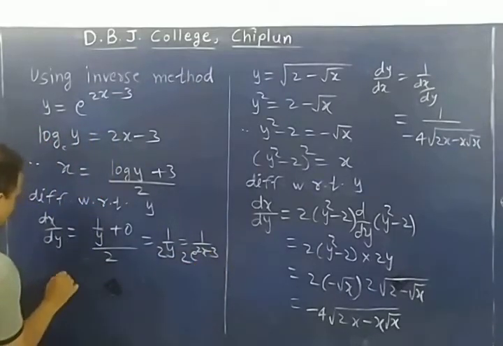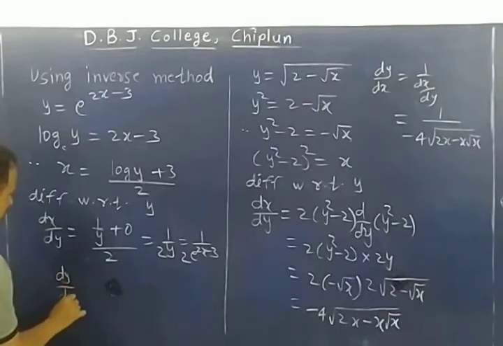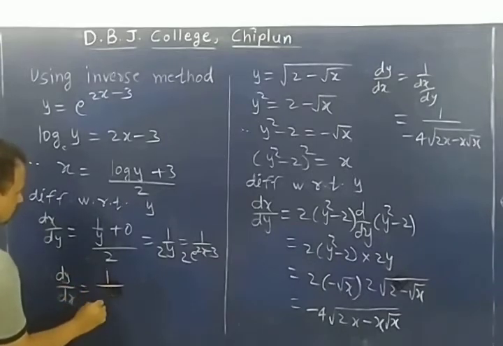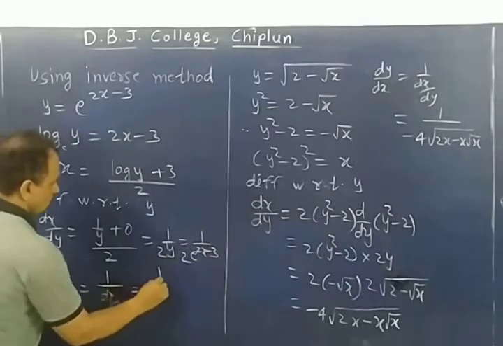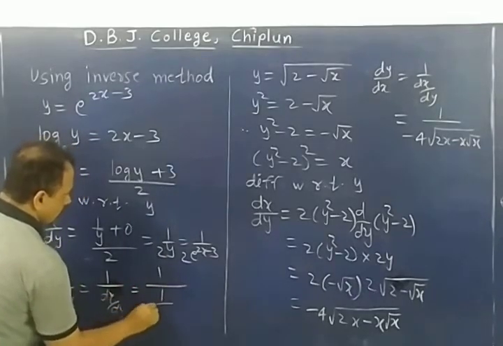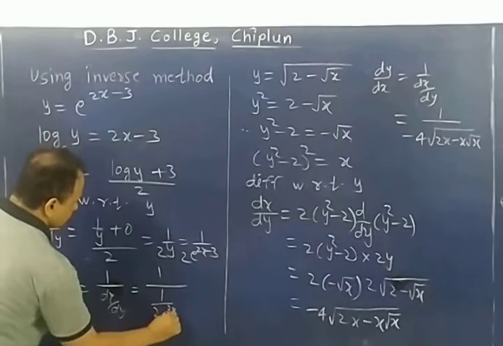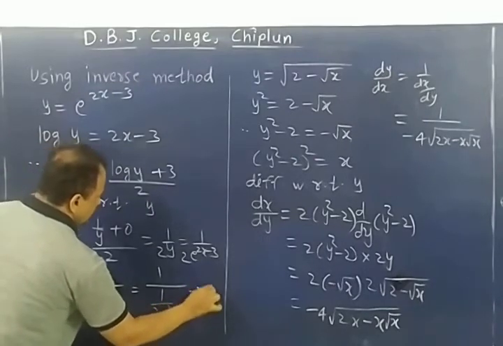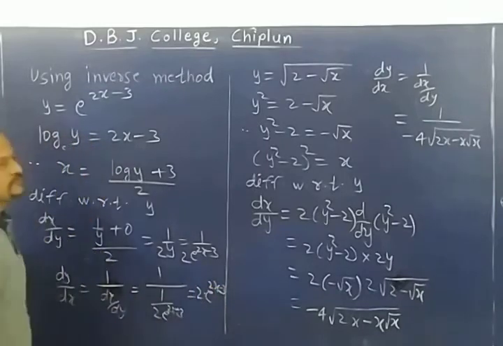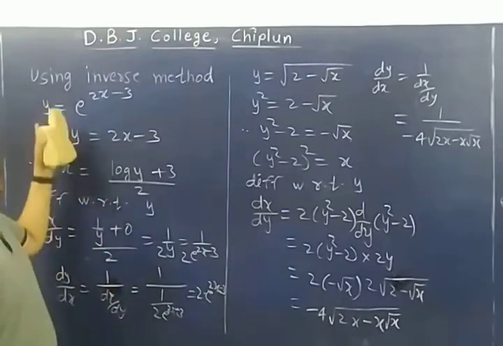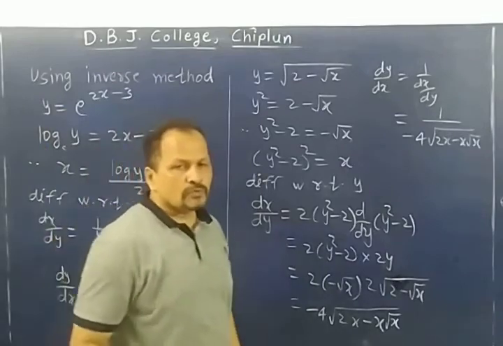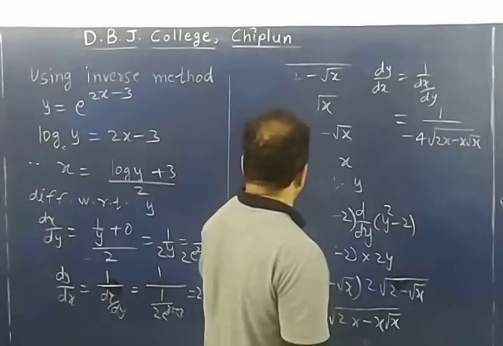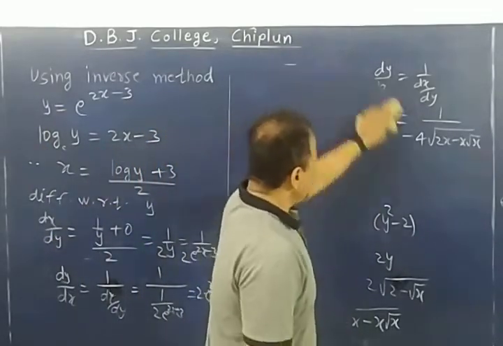And therefore dy by dx is equal to 1 upon dx by dy equal to 1 upon (1 by 2 e raised to 2x minus 3). It is 2 into e raised to 2x minus 3. Let us move to the next problem, which is slightly different.